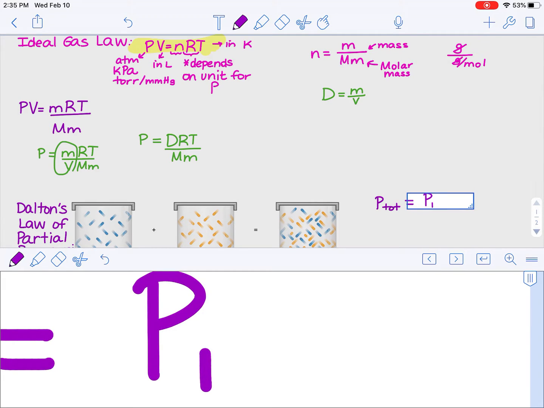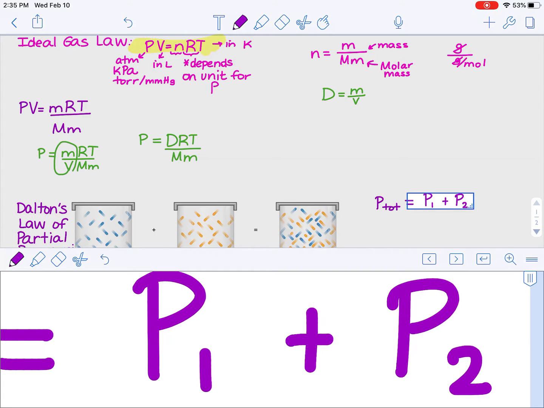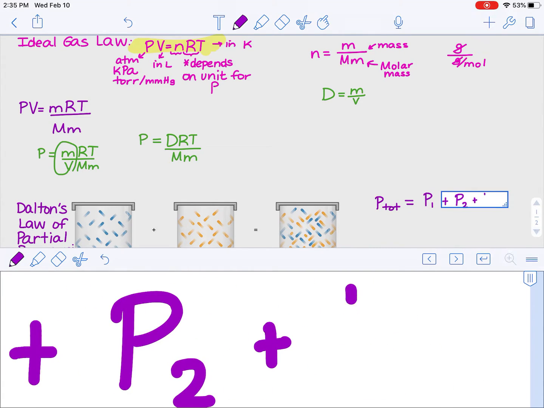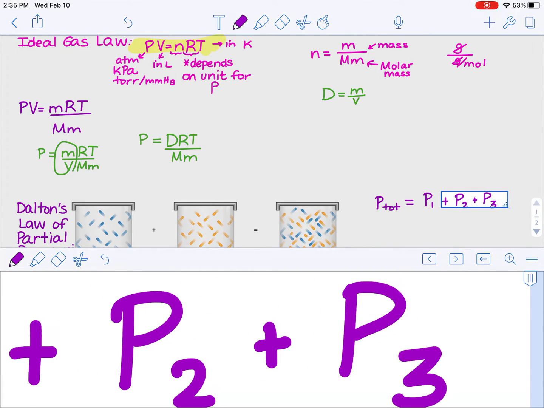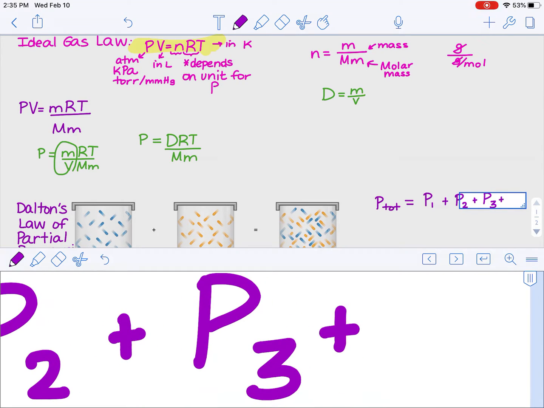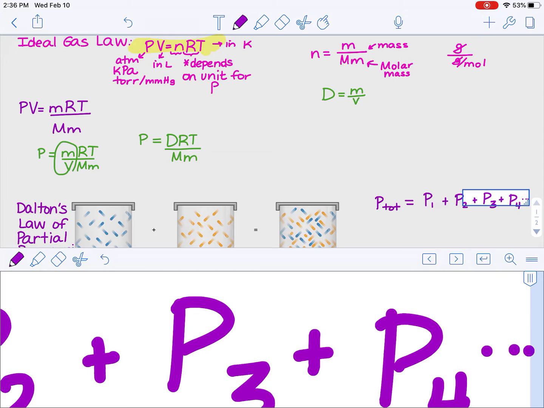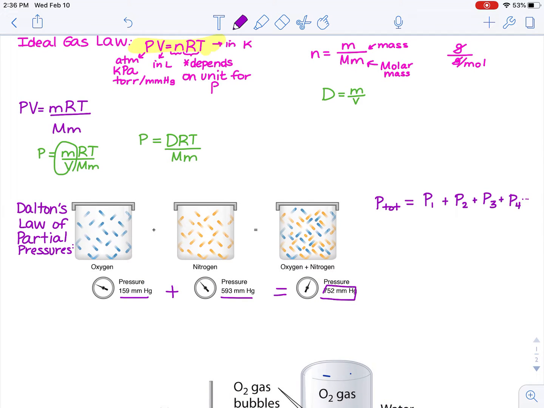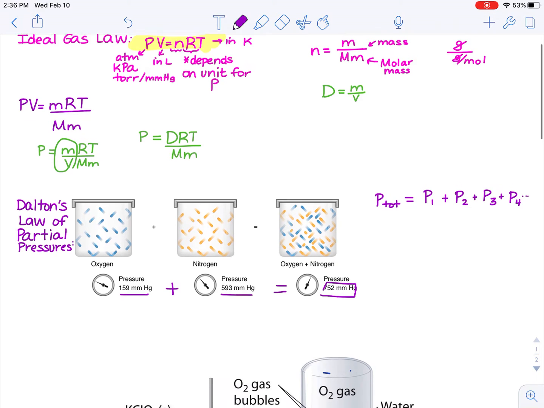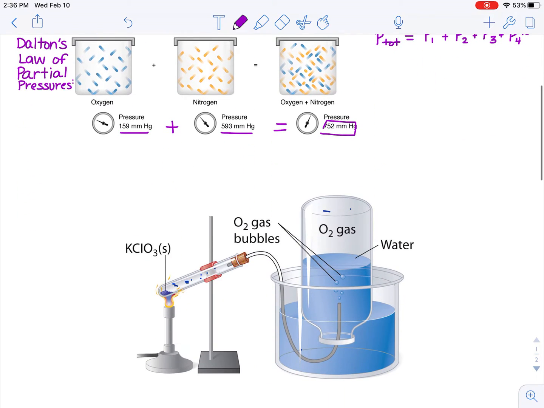We can generalize it with the following formula. The total pressure, or P total, is equal to the pressure of gas 1 from the mixture plus the pressure of the second gas in the mixture plus the pressure from the third gas in the mixture, if there is one, plus the pressure from the fourth gas in the mixture, etc. The sum of the individual gases in the mixture will equal the total pressure of the mixture.